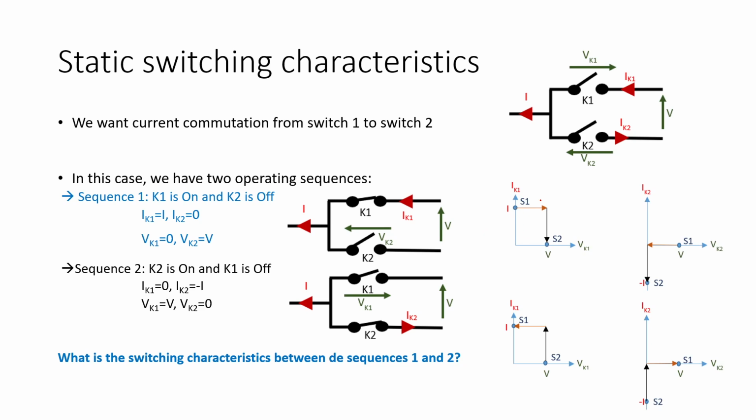Okay, so actually there's no such moment that the voltage would be 0 and current also 0, right? Because if you turn on, current must flow, voltage must be 0. If you turn off, voltage must exist. So you can't go this way, you can only go this way, right?